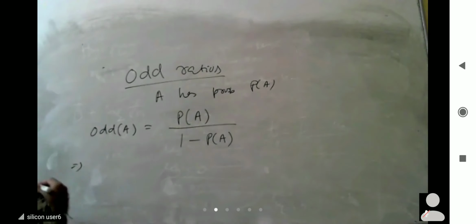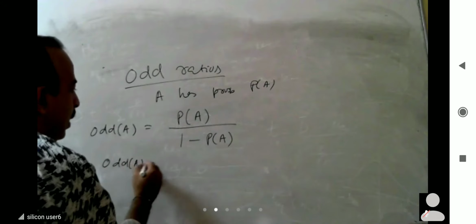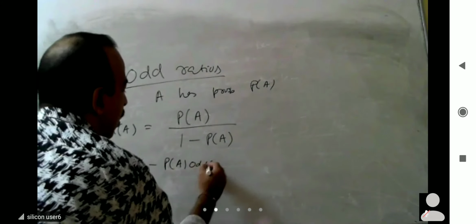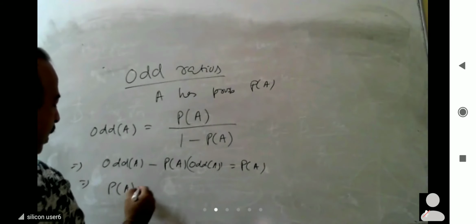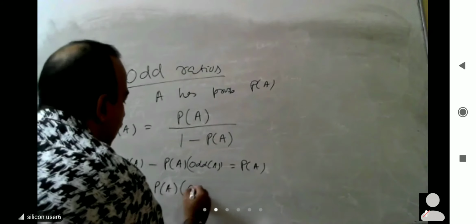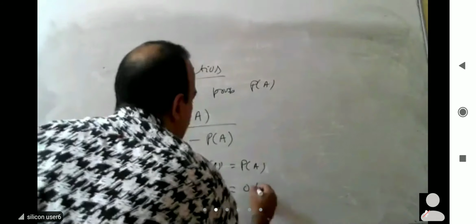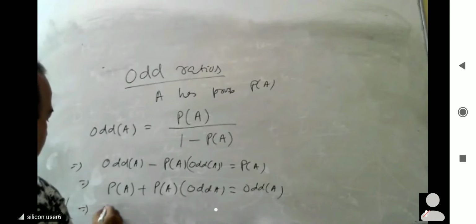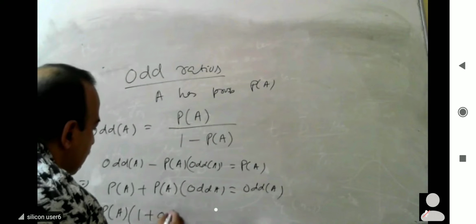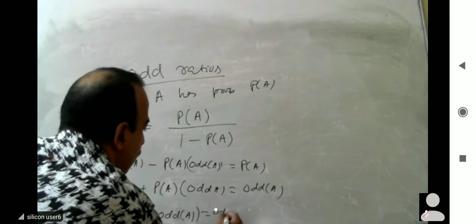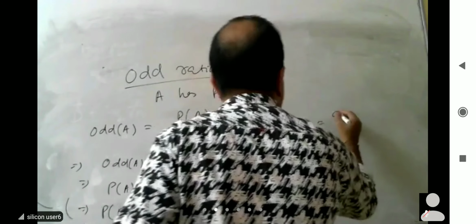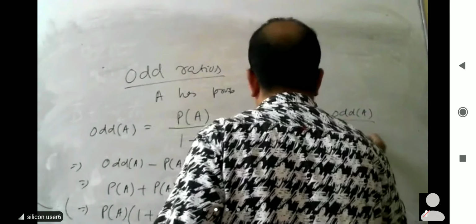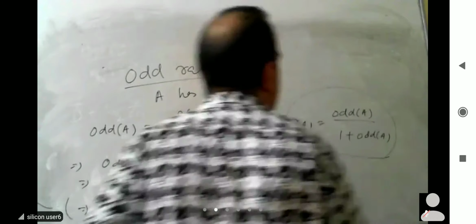If I solve these things, odd A equals probability of A divided by 1 minus probability of A, so probability of A plus probability of A times odd A equals odd A. That implies probability of A times (1 plus odd A) equals odd A, so probability of A equals odd A by 1 plus odd A. This is the result.